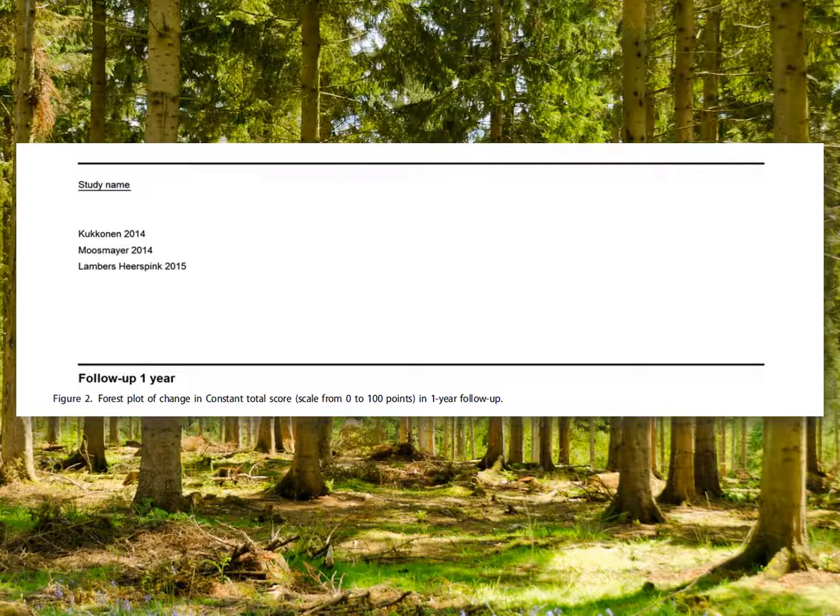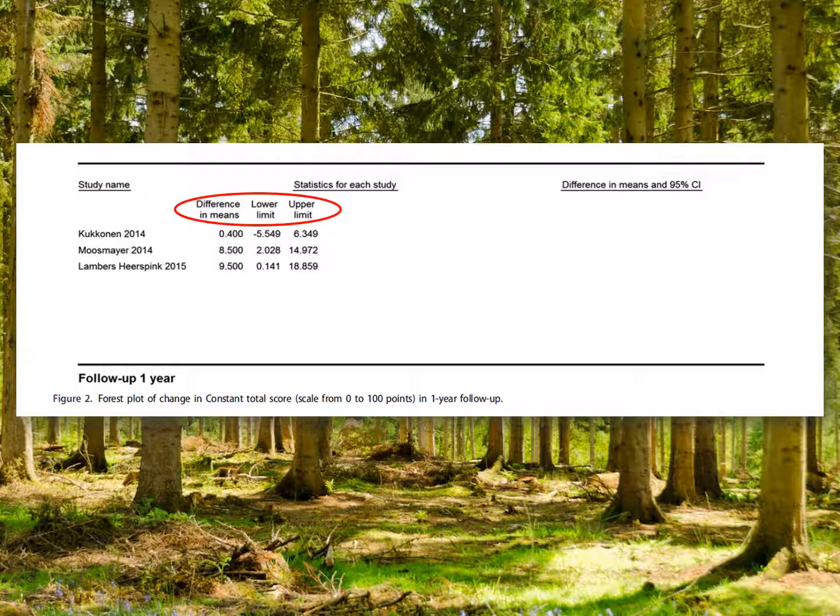Next to the names, they put the results. And here, difference in means. So we talk about means in outcome. Remember means, and we have the mean here and the confidence intervals. Remember the lower limit, upper limit for each study.